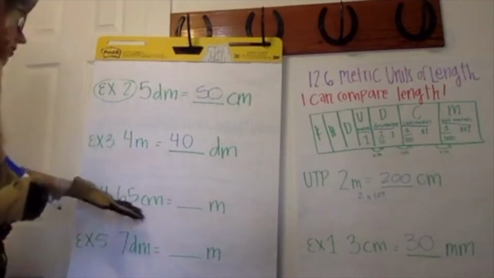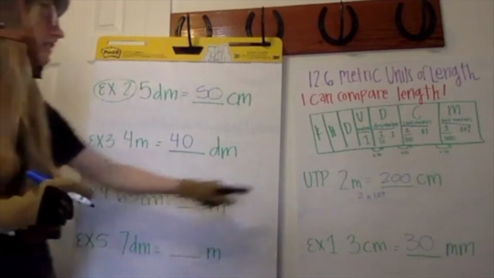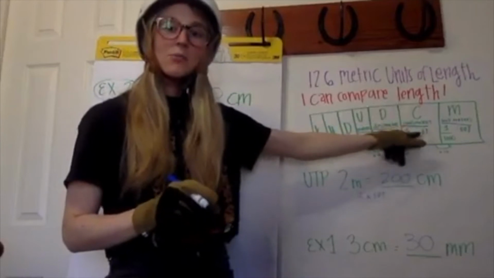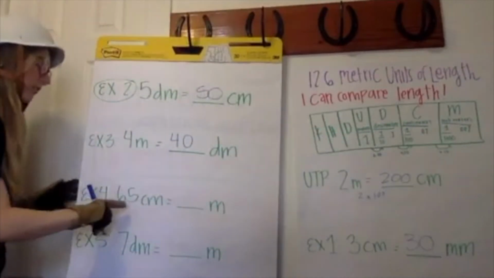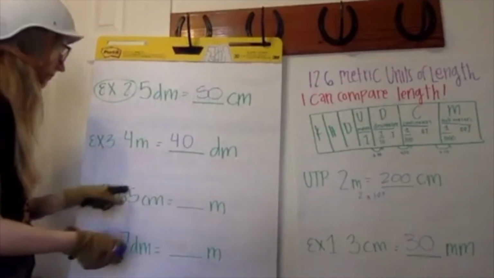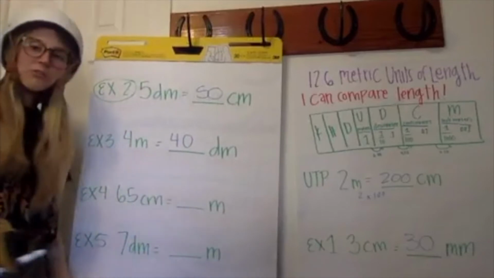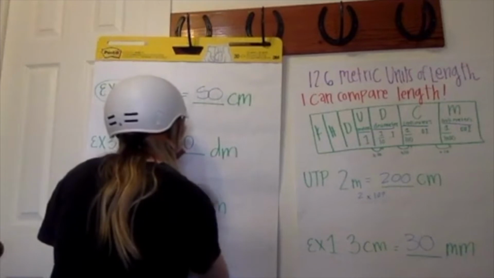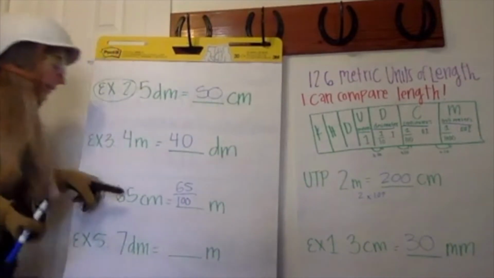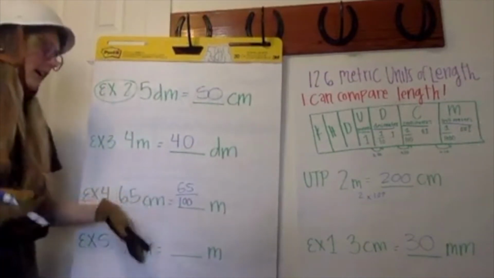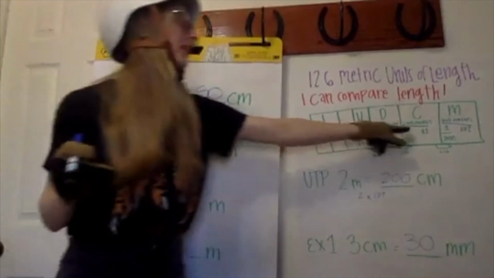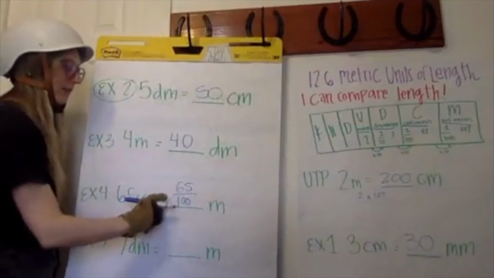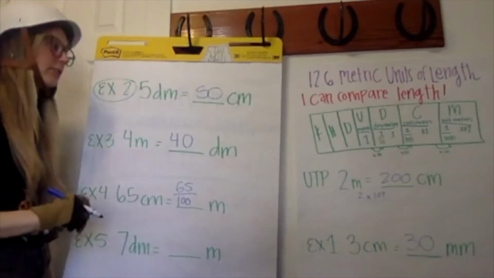We're going to just say, oh, okay, I know that centimeters is 1/100th of a meter, right? It's 1/100th. So instead of the 1, we're going to put 65 over 100, okay? Right, if we have 65 centimeters on a meter stick, they're 1/100th of it, so we just take our 65, put it on top, and we know that centimeters are out of 100, so we put 100.